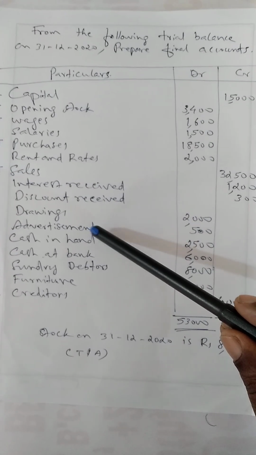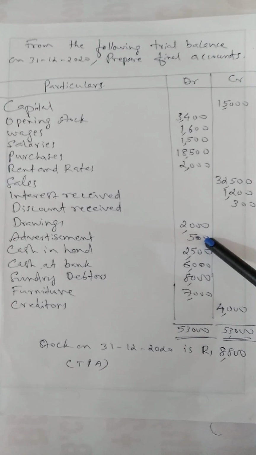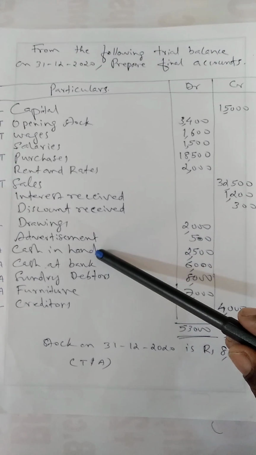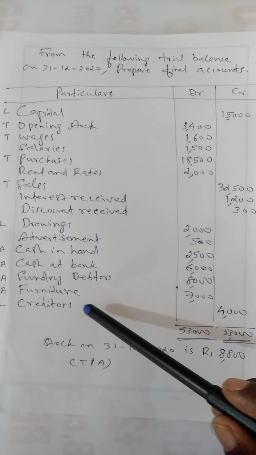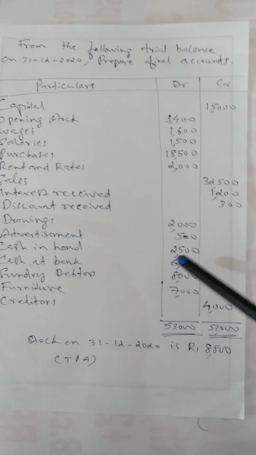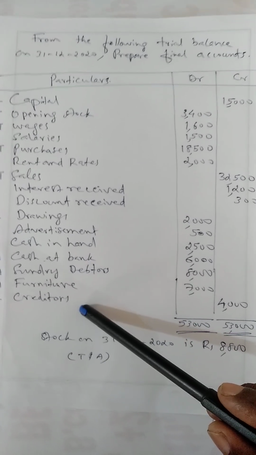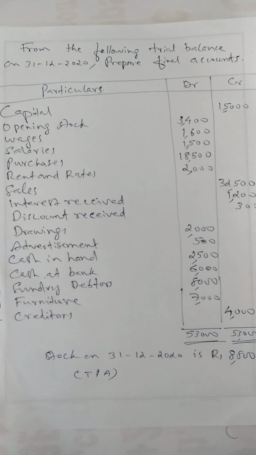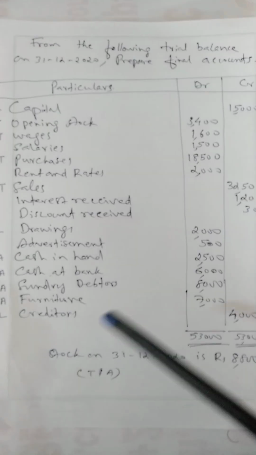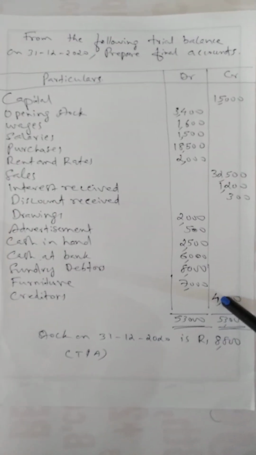Okay. Similarly, advertisement is an expense. Expense has debit status. Then cash in hand, cash at bank, sundry debtors, furniture. These are assets. Assets have a debit balance, so the amount is shown here on the debit column. Creditors. Creditors is a liability. Liabilities have a credit balance, so its amount is shown on the credit column.